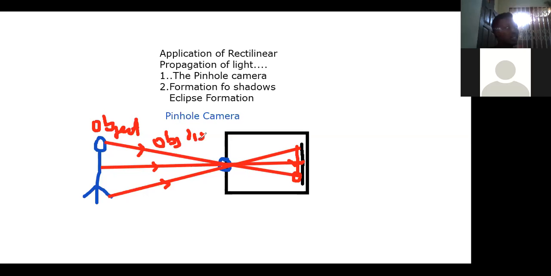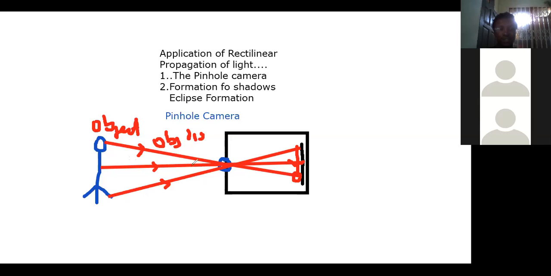The distance from here to here is the object distance, and it is denoted by u.